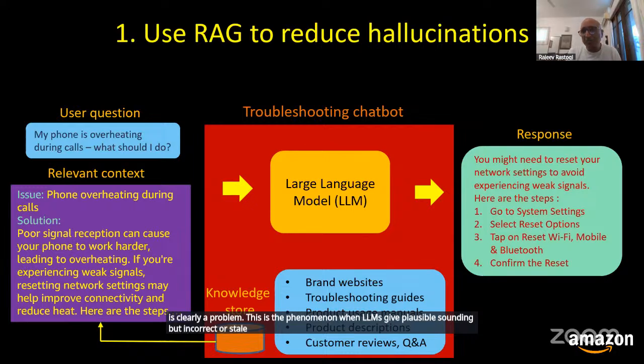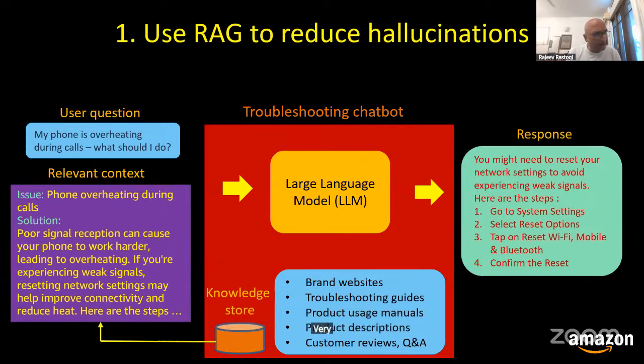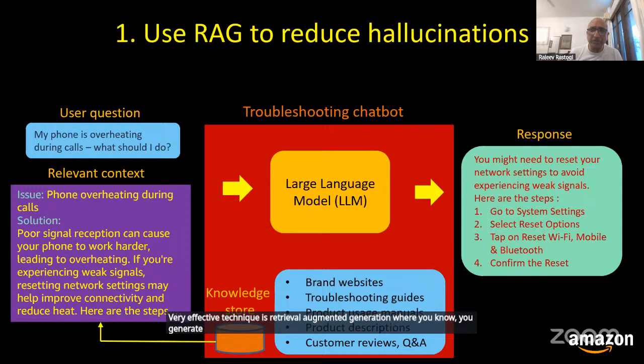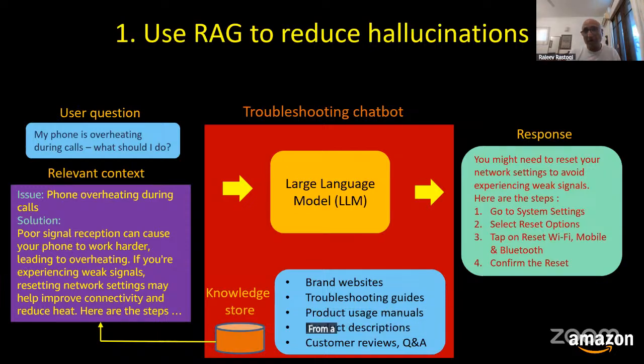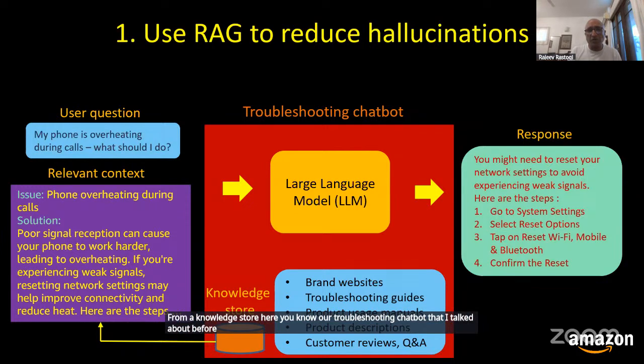To tackle hallucination, one very effective technique is retrieval augmented generation, where you generate responses to user questions based on relevant context that you've retrieved from a knowledge store. Here, our troubleshooting chatbot that I talked about before has this knowledge store containing troubleshooting guides, product usage manuals, product descriptions, customer reviews, and so on.